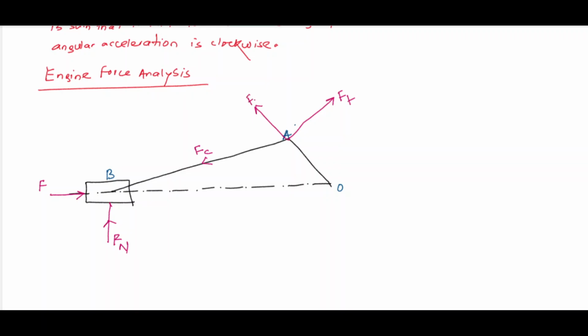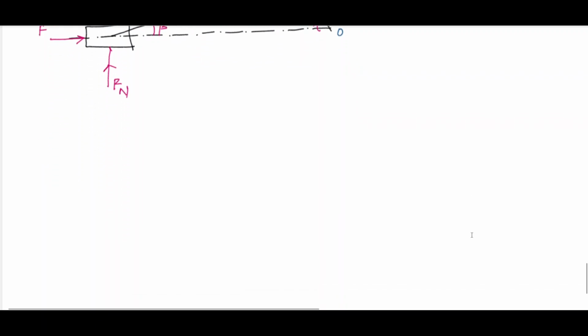If you produce the crank, you will find out the direction Fr. So these 5 forces are the basic forces acting on the engine, whose magnitude we are going to derive. As usual, this angle is your beta, this angle is theta.